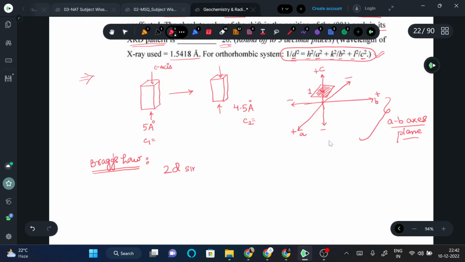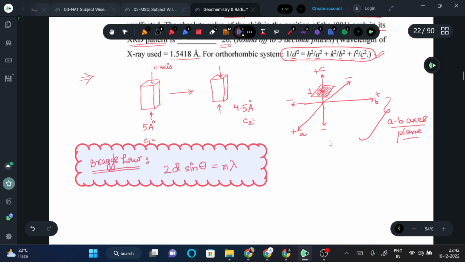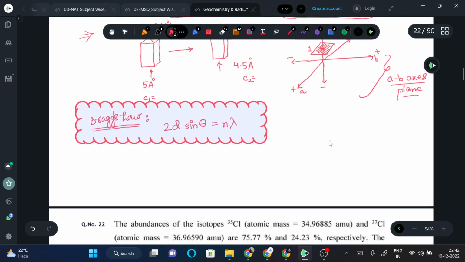What is Bragg's law? It is 2d sine theta is equal to n lambda, right? Where d is d spacing, diffraction spacing actually.